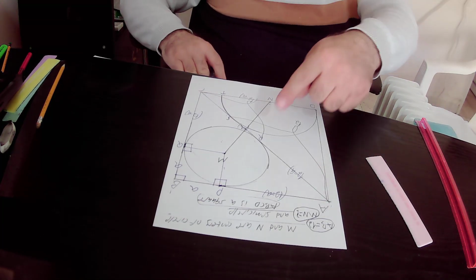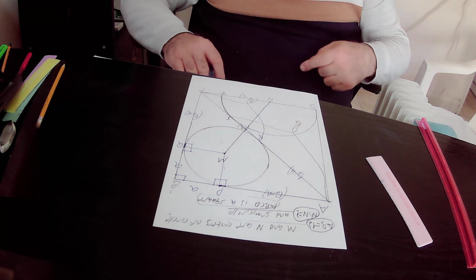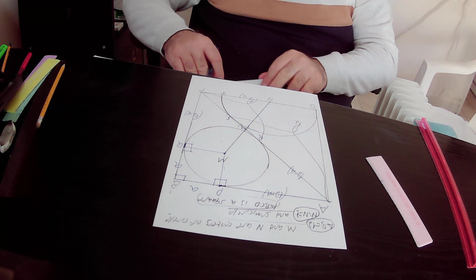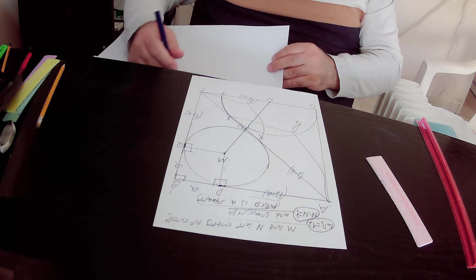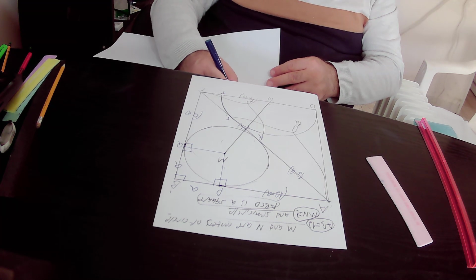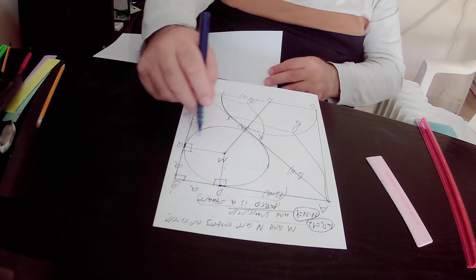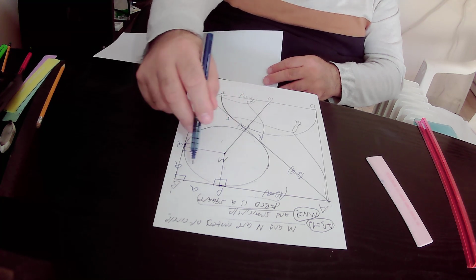So actually, we focus on quadrilateral PBMQ. In quadrilateral PBMQ, we have three right angles, 1, 2, 3.